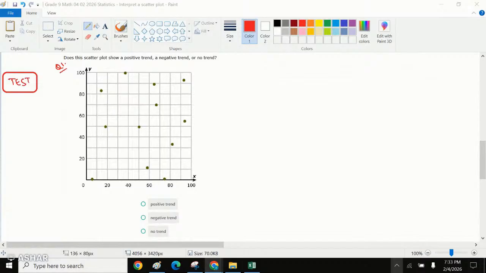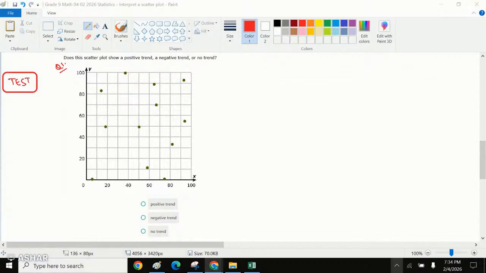Can we say it is a positive? Do we agree on positive? Why don't we agree? Yes, thank you. Because if we are drawing a line, perfect. You said the points are scattered, right? So if you're using the term scattered, it means it cannot be positive.